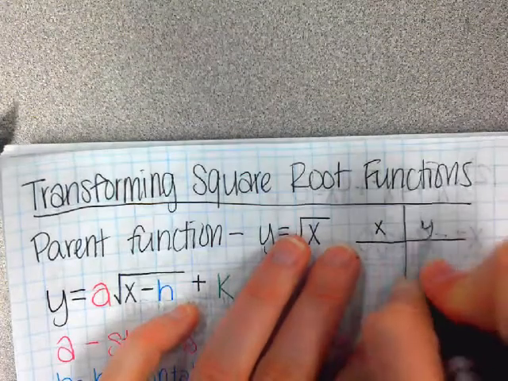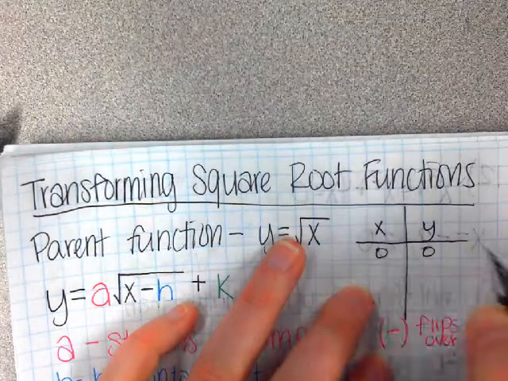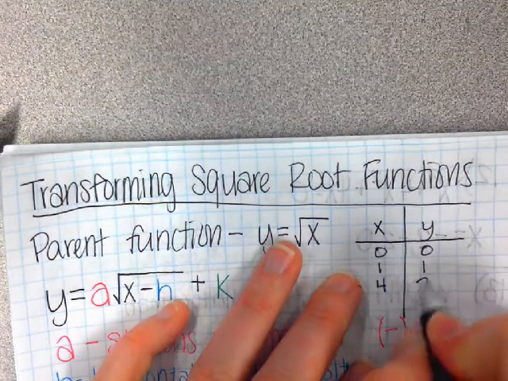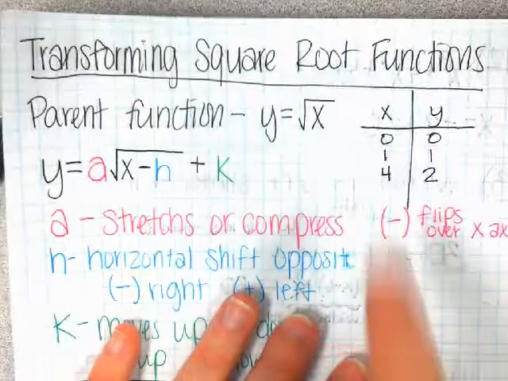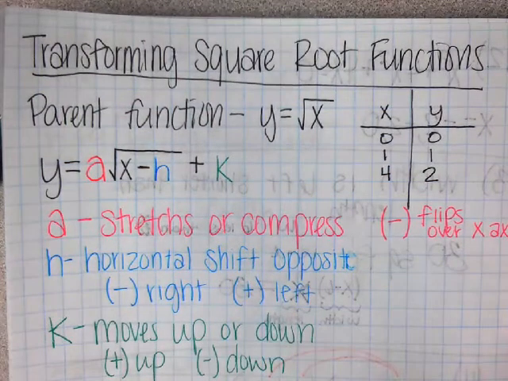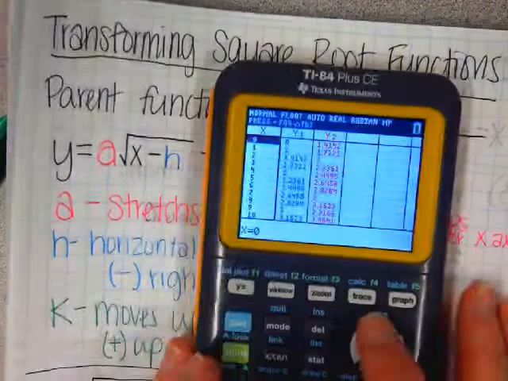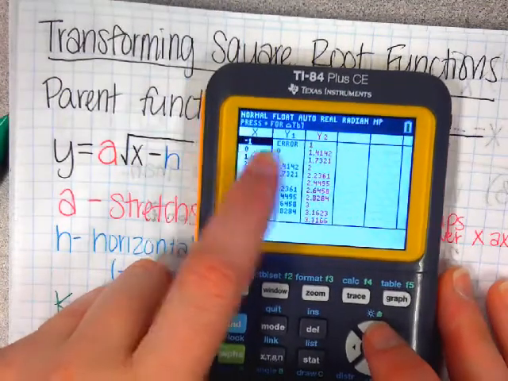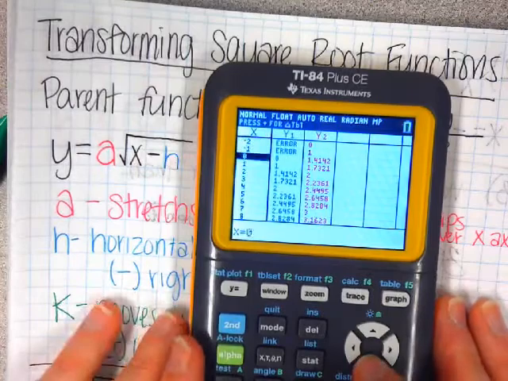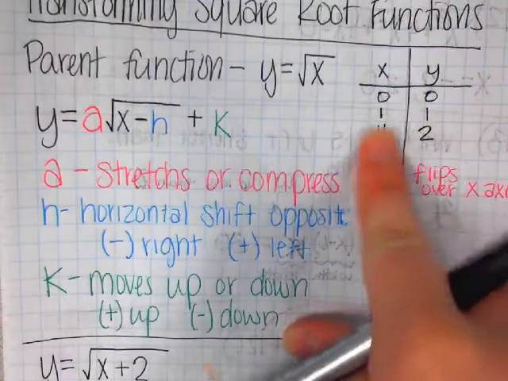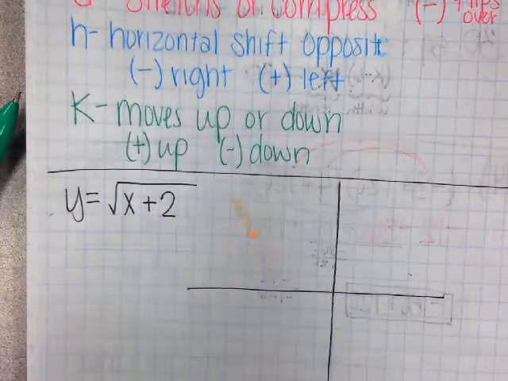So the parent function is 0, 0, 1, 1, 4, 2, and I think that's enough. Notice you can't take the square root of a negative number, so if I go up, it's going to tell me error, because you can't take the square root of a negative 1, because that's imaginary stuff. So that's the parent function.